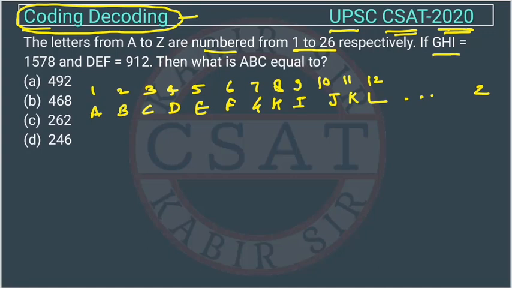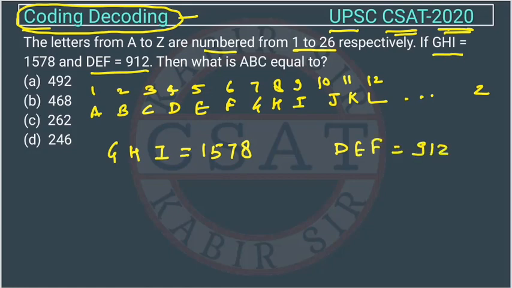They have given that GHI is 1578, and DEF is 912, and the question is asking what ABC is.